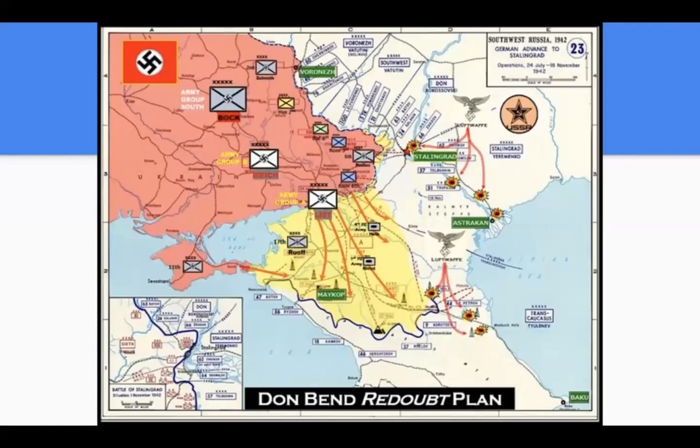So here they are surrendering. This is the invasion of Stalingrad. Stalingrad's over here. This is Crimea, by the way. This is Crimea, and Hitler's generals wanted him to go this way. Instead, Hitler said, "No, I'm going to attack the city named after Stalin."